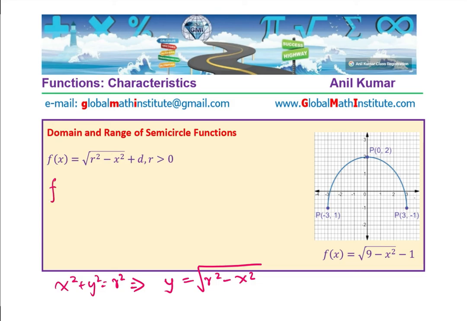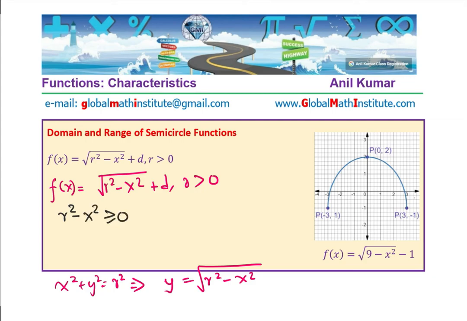Let me rewrite the function. f of x equals square root of r square minus x square plus d, and r is greater than 0. Okay. Now, how do you write the domain and range of this? So the thing is that within the radical sign, we should always have a non-negative number. And that is to say that r square minus x square should be greater than or equal to 0, right?